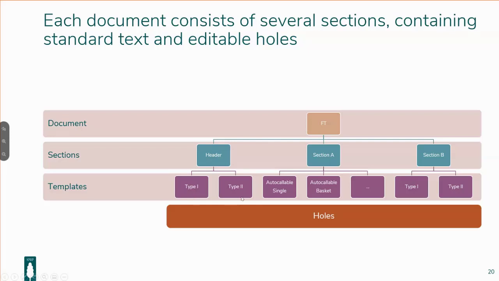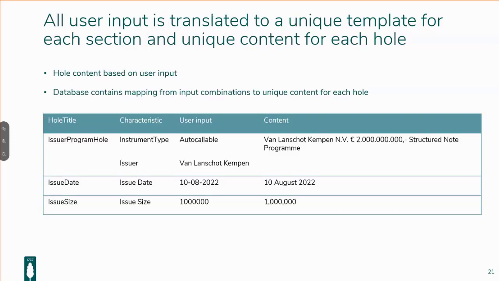And each of these templates then in turn consist of a number of lines of standard text or a number of holes. And the mapping of the templates and the holes is rather similar and can be best explained by an example which is contained here in the table. So all of this user input is translated to a single template for a section, and for each hole we have a unique content.